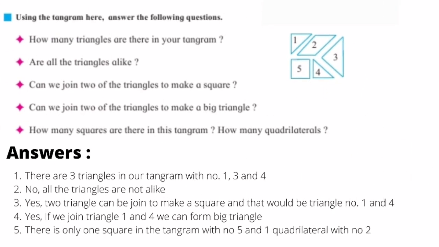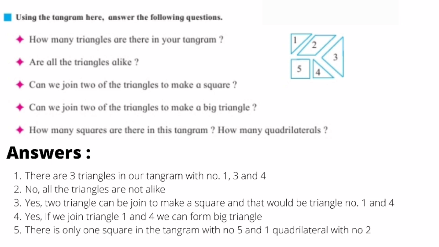Using this tangram, we are going to solve the question answers. The first question is, how many triangles are there in your tangram? There are 3 triangles in our tangram with number 1, 3 and 4.